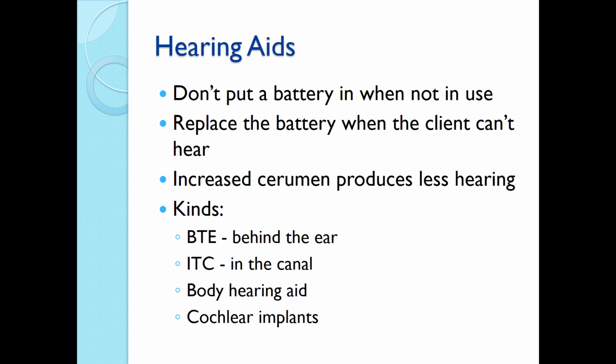This is just like a rectangular case that's carried on the body. It's connected to cords that are then connected to ear molds that are placed into the ear canal. Again, these were used for very severe hearing loss, not used as much anymore. You're going to see more of the hearing aids and cochlear implants.